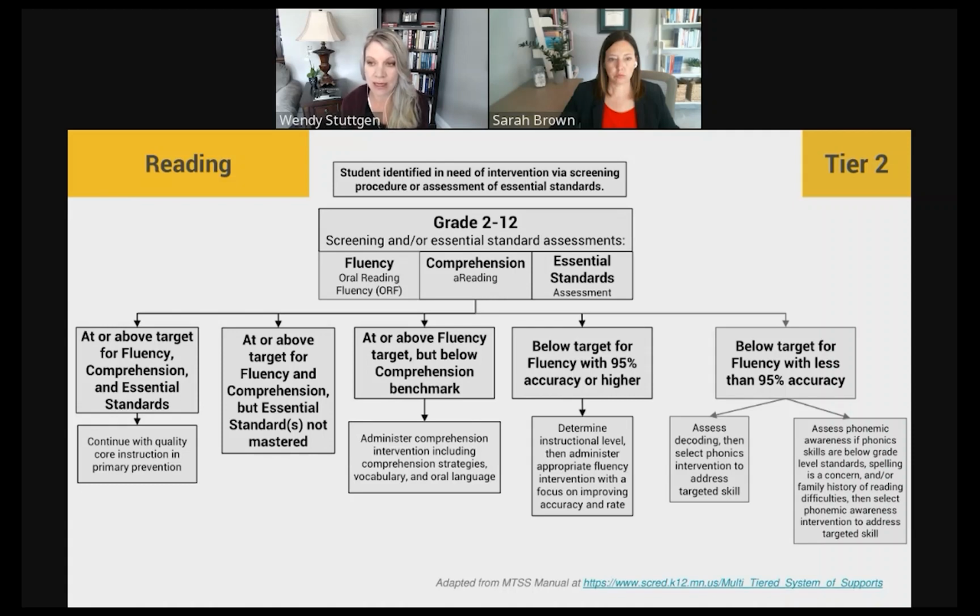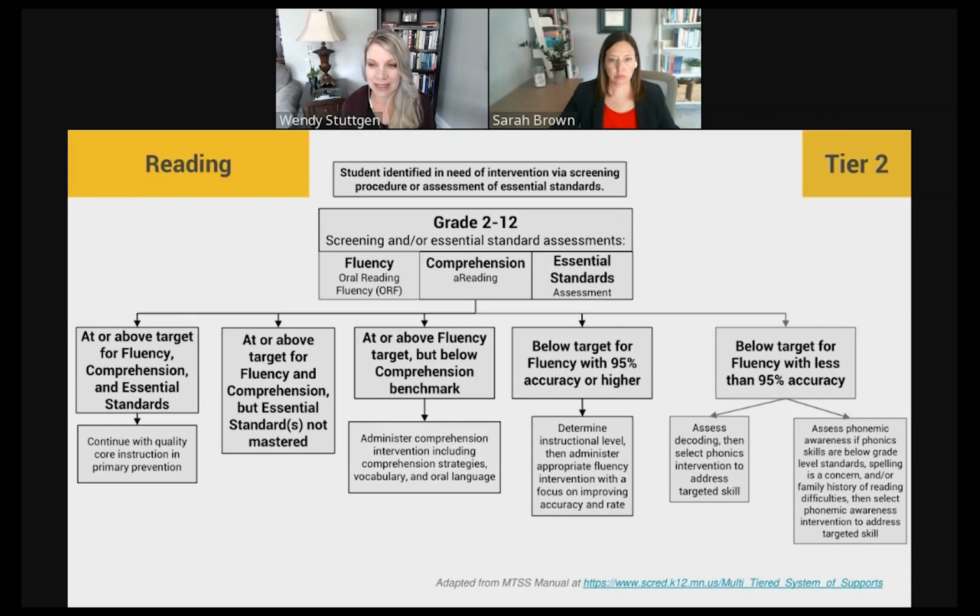Further, when we look at our spring screening data, we would expect alignment with our summative and state assessment data. So that universal screening data is really like our check on those summative assessments that we're giving in the classroom, as well as our state assessment data.